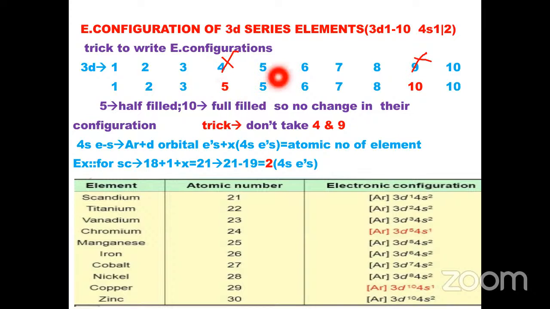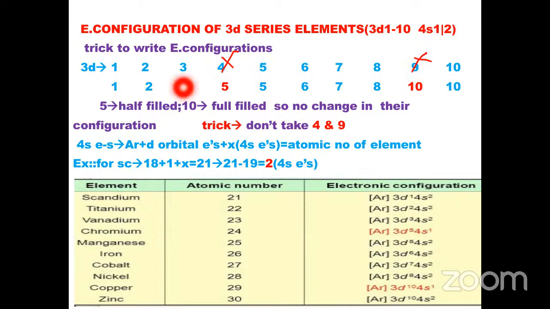Here 5 is not changed because 5 is half filled d orbitals, yes, and 10 means full filled d orbitals. Okay, half filled means the d orbital is having 5 electrons. Full filled means d orbitals having 10 electrons. So no change in this 5 and 10 number. And one more thing, you don't take 4 and 9 numbers.